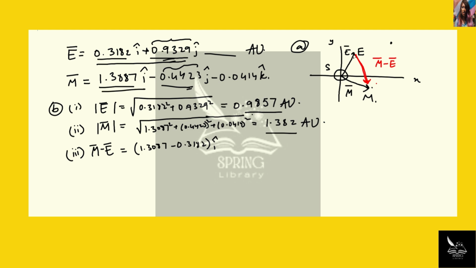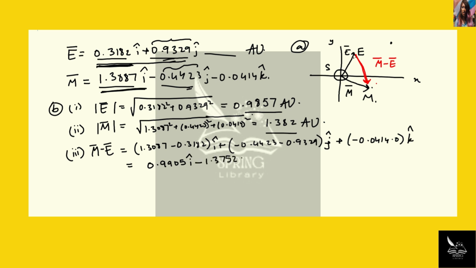Notice that I have subtracted the x component of E from the x component of M. Similarly, doing the same for the other components, we can write it as (minus 0.4423 minus 0.9329) j hat plus (minus 0.0414 minus 0) k hat, which turns out to be 0.9905 i hat minus 1.3752 j hat minus 0.0414 k hat.